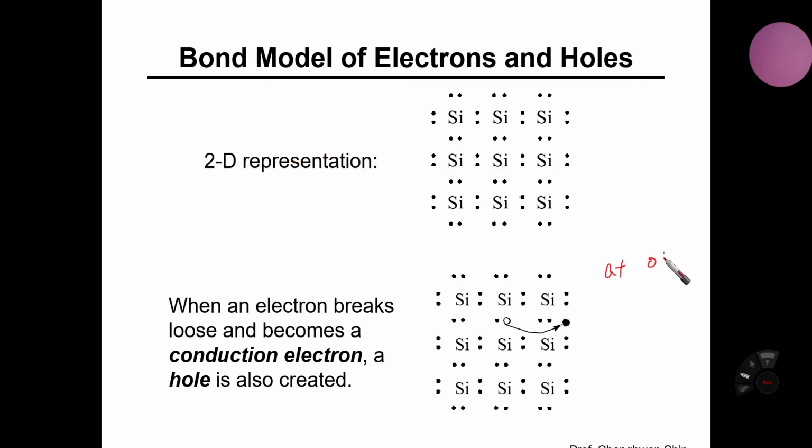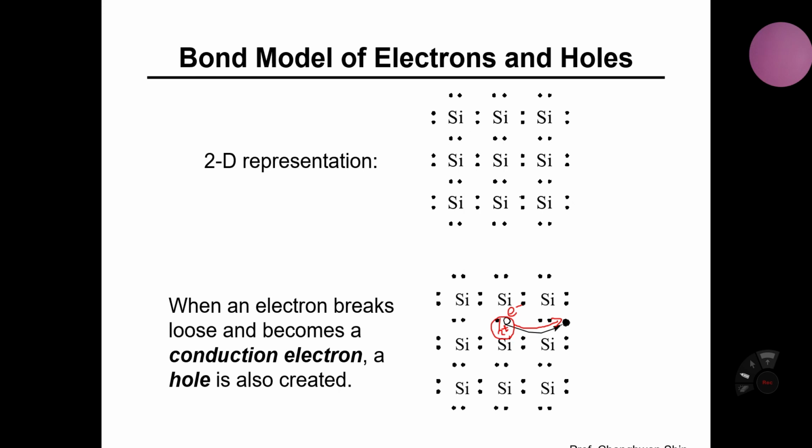At 0 Kelvin, all the electrons are frozen out, so the electrons would sit down here. But once the temperature is increased up to 300 Kelvin, or room temperature, then this electron becomes a conduction electron. A hole is created. I said created, generated.